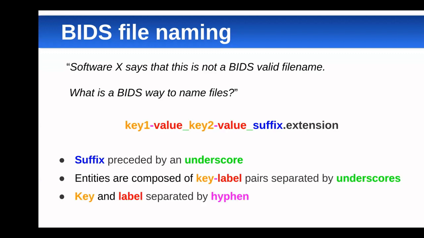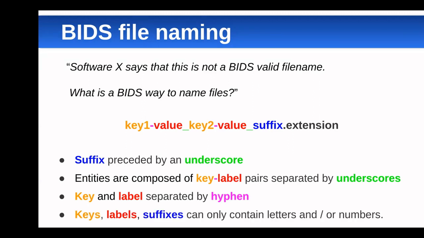And before that, we've got a series of what we call entities, and each entity is composed of a key and a value, separated by a hyphen, and then each entity is separated by an underscore. The next rule is that all of those things, keys, labels, suffixes, can only contain letters and or numbers. But that's pretty much the general recipe to construct a BIDS file name.